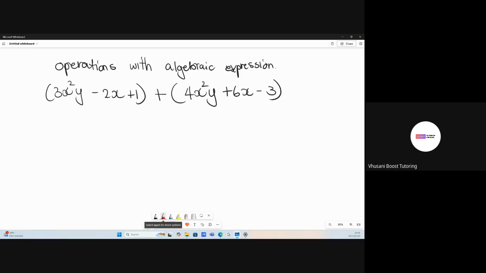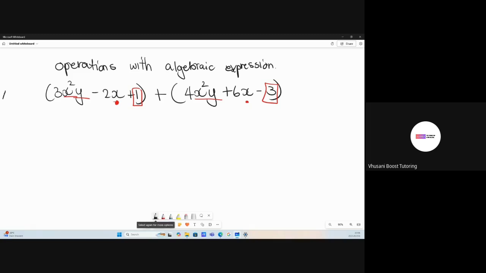This lesson will stop at 20:15, quarter past 20. With such expressions, we need to look for common terms. We have x squared multiplied by y here and another x squared multiplied by y, so that's a common term. Then we have the x and another x, and a constant and another constant. Those are the only ones that can add to each other.